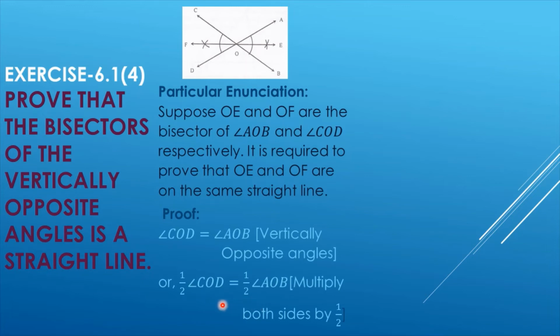So that's why we have multiplied like this: half angle COD equals half angle AOB, because here we just bisect these two angles. If we take half, we can get another thing that is very helpful for solving this problem.